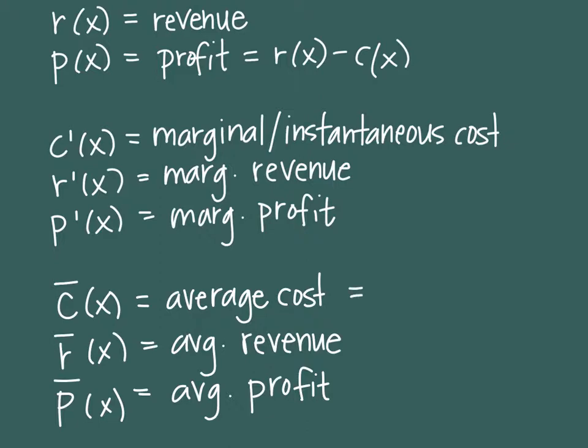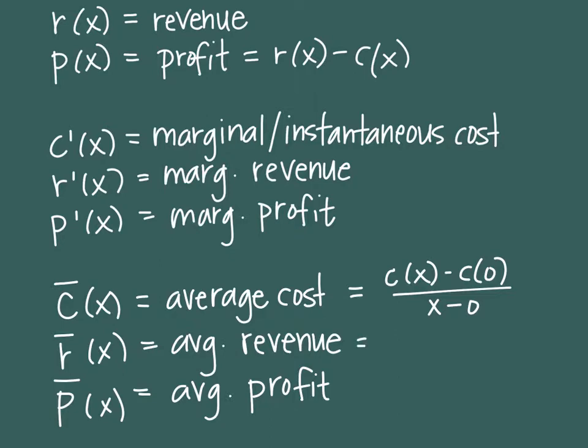Average, you've seen before, we've talked about it being secant. So average is C of x minus C of 0 over x minus 0, or like y2 minus y1 over x2 minus x1. It's over a long period of time. The difference from marginal is that marginal is an instantaneous moment, while average is over a long period of time.